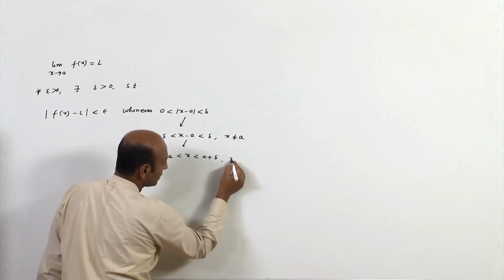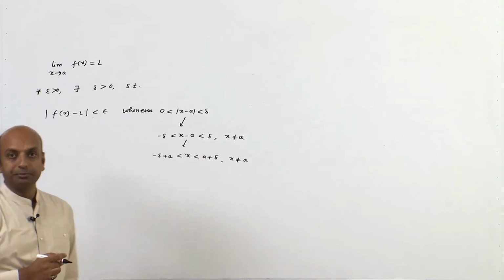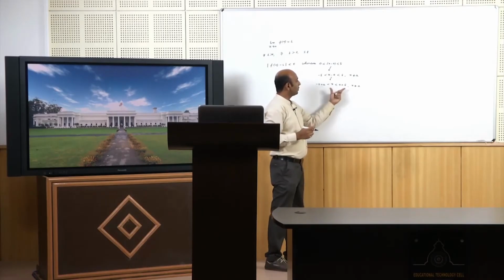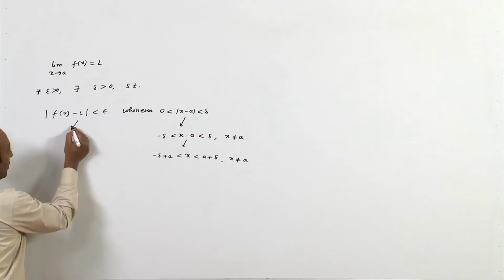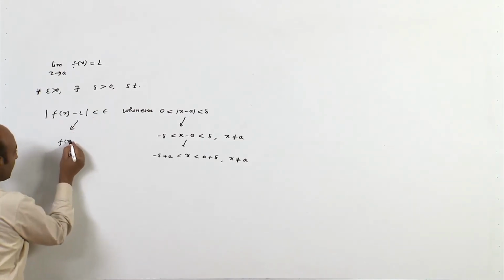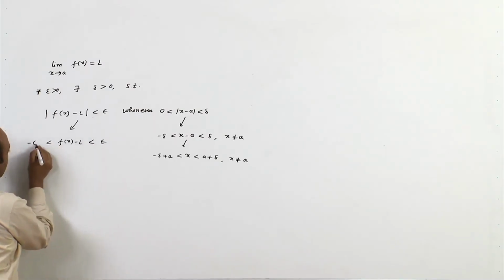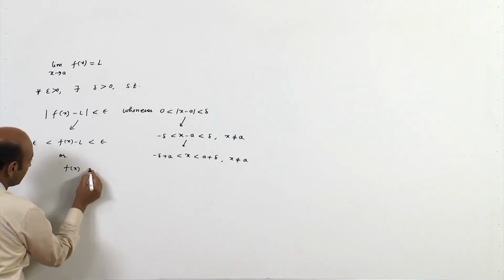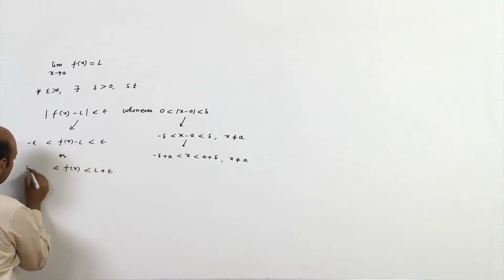This we sometimes call a deleted neighborhood of x at a. Similarly, the inequality f x minus L less than epsilon means f x is less than L plus epsilon and greater than L minus epsilon.